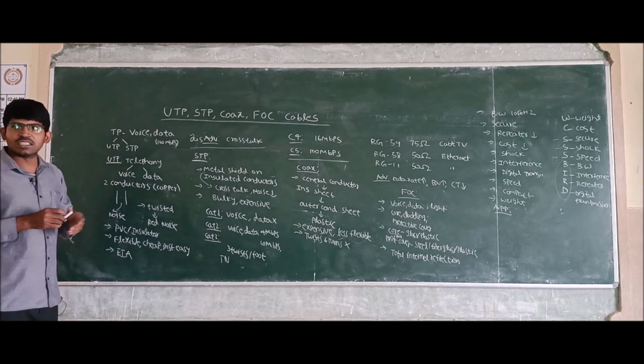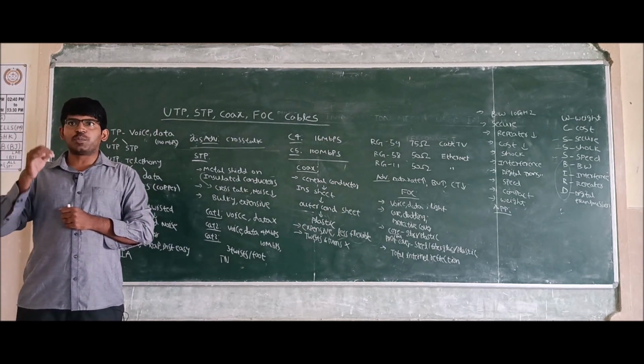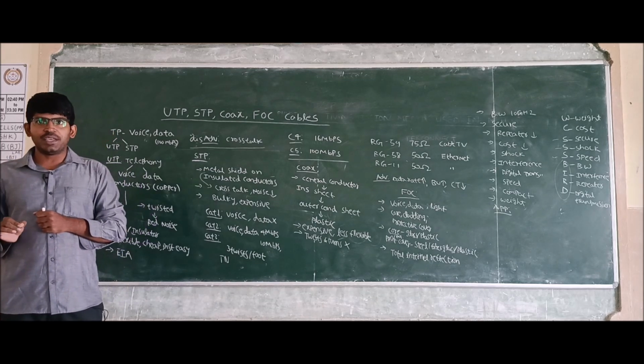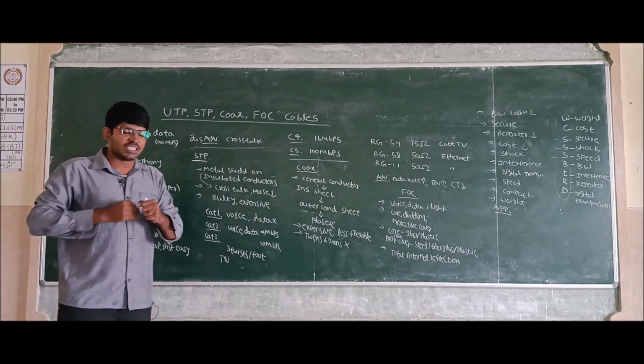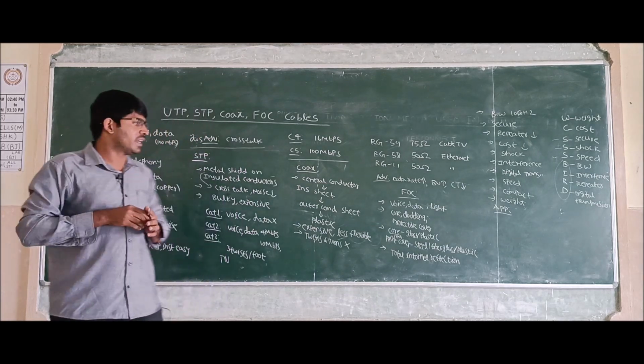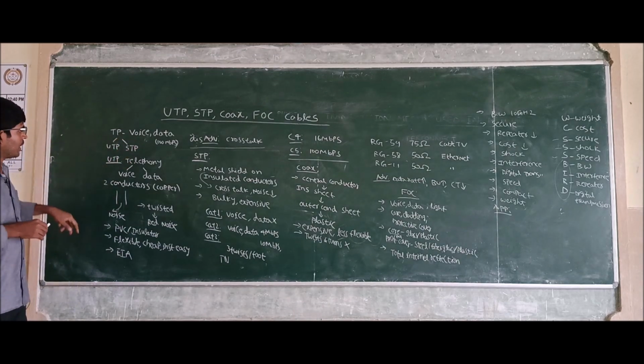UTP means unshielded twisted pair cable and STP means shielded twisted pair cable. The only difference between UTP and STP is that in STP we have the shield, but in UTP we do not observe the shield.